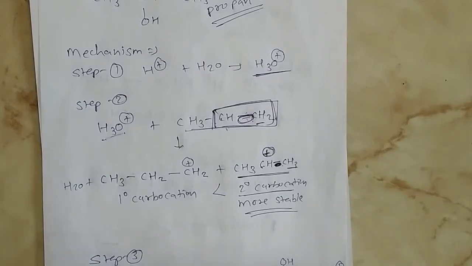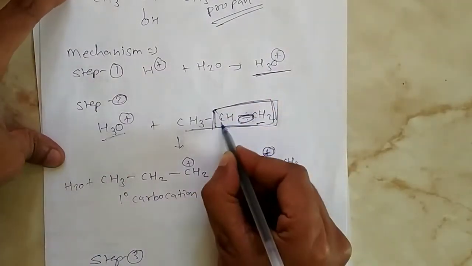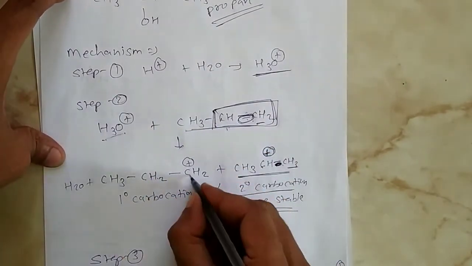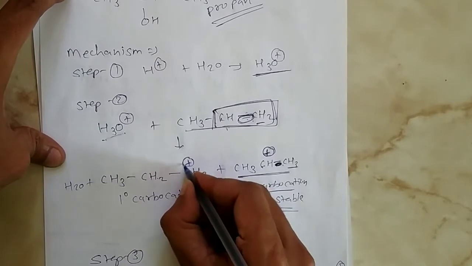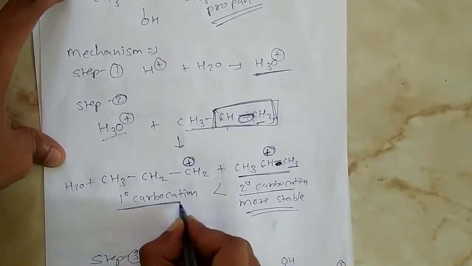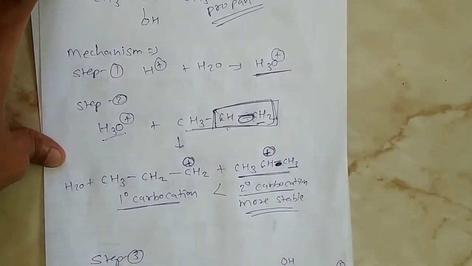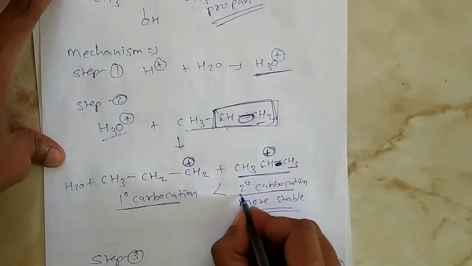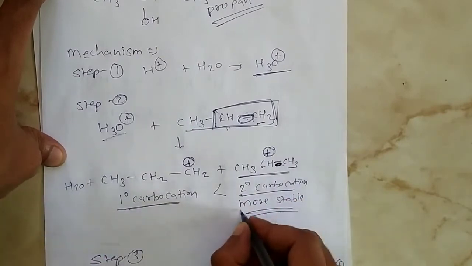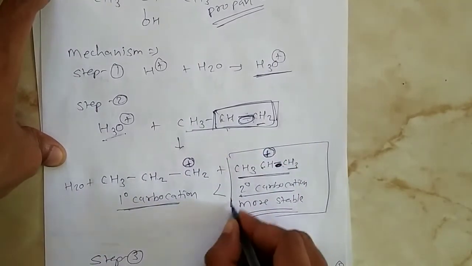What will happen in that case? Here you can see instead of CH I have written CH2, and on the adjacent carbon the positive ion will be there. So this is our 1 degree carbocation, and we know that 2 degree carbocation is more stable than 1 degree carbocation. So this intermediate is more stable.